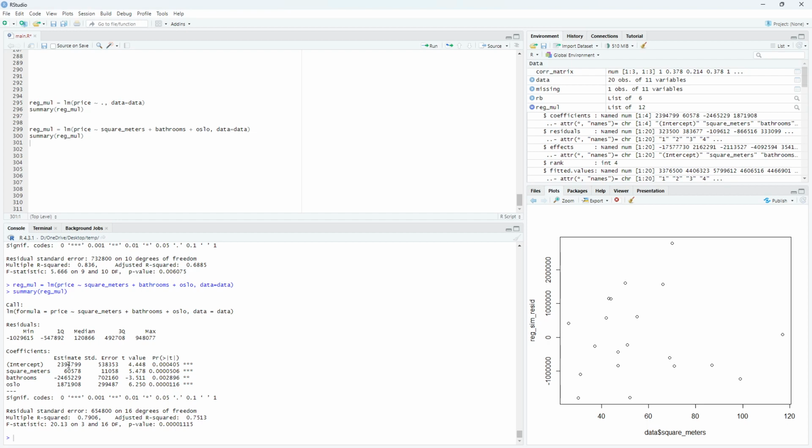What we can do then is use the model again, like we did in the previous video.